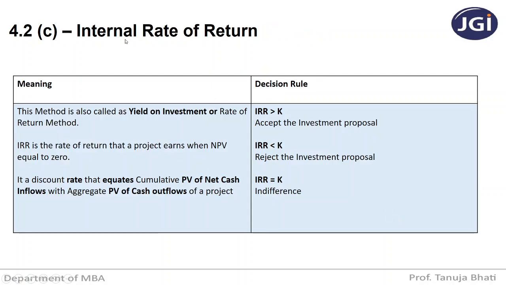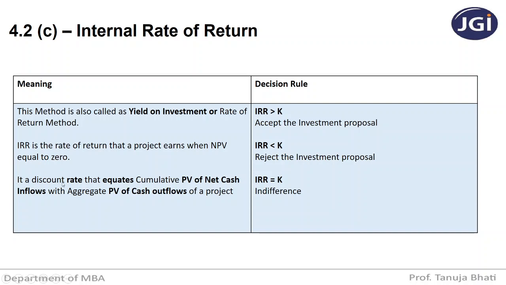Moving ahead, internal rate of return. First of all, let us understand what is internal rate of return. This method is also called yield on investment or rate of return method. Internal rate of return is the rate of return that a project earns when NPV equals 0.